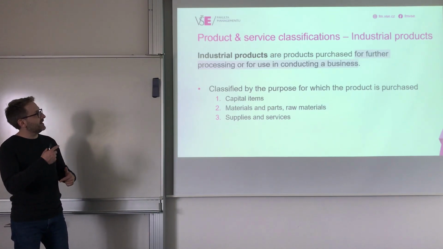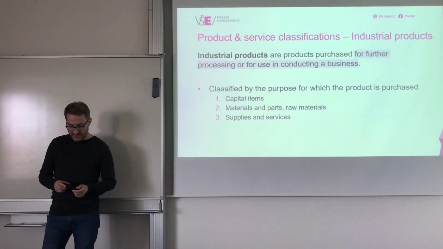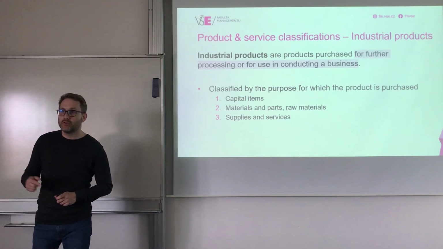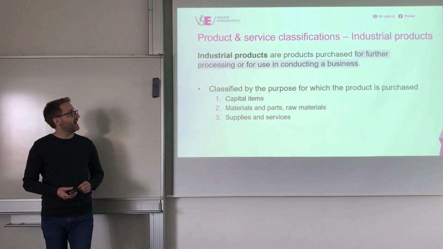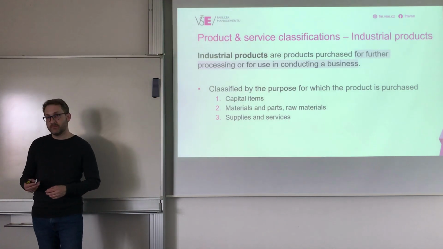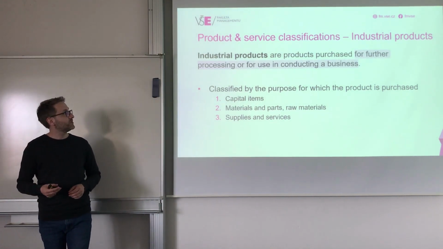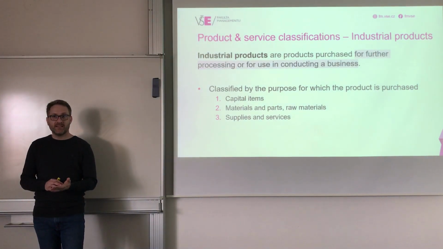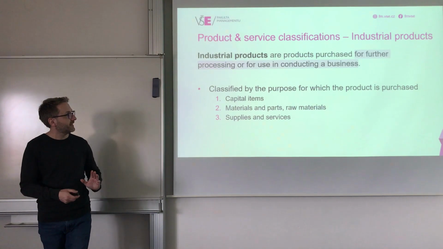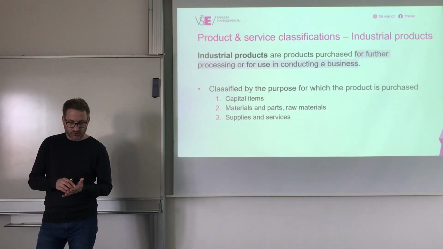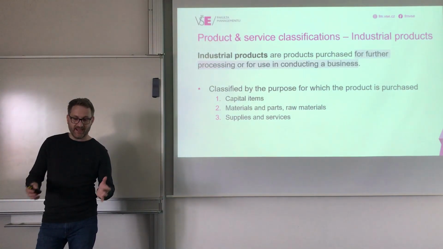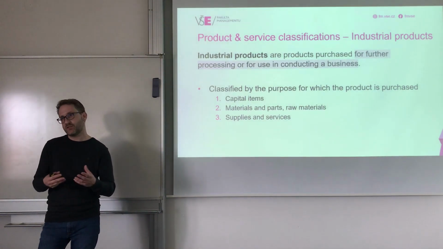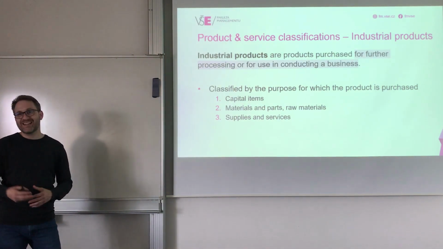Okay, so the next group of products and services is called industrial products. And as I told you a few minutes before, they are purchased for further processing or for use in conducting a business. So basically those are the products you will use for further, and it matters if it's remanufacturing or using as a source or using as a tool.